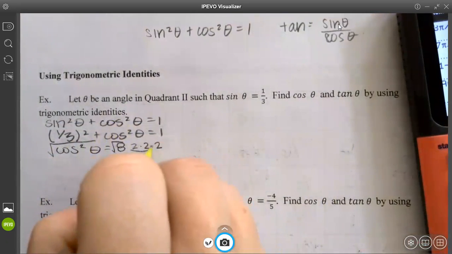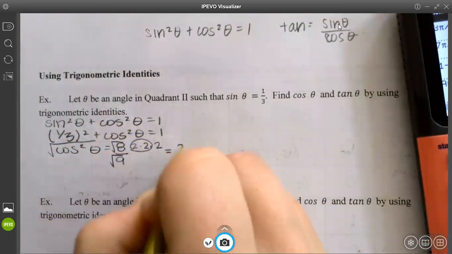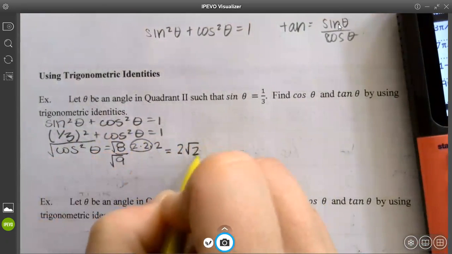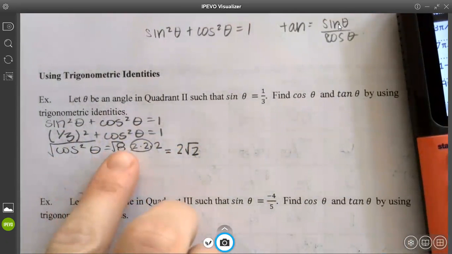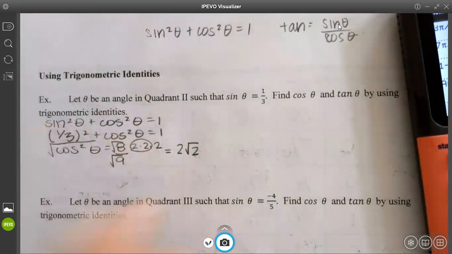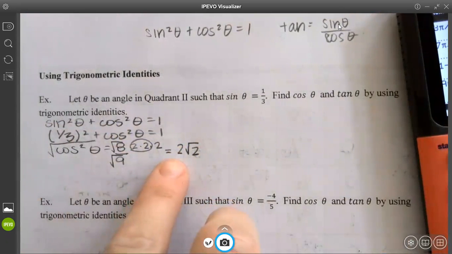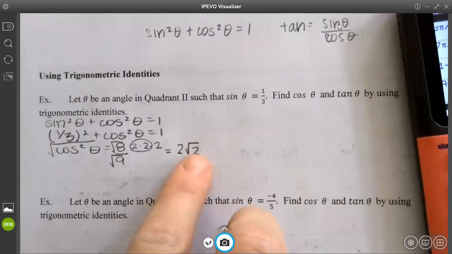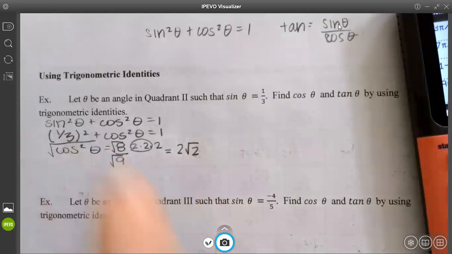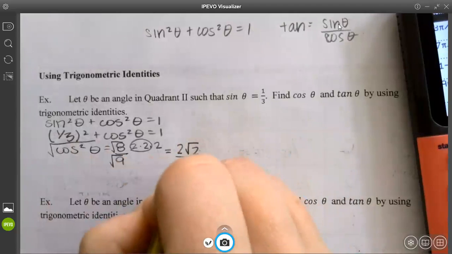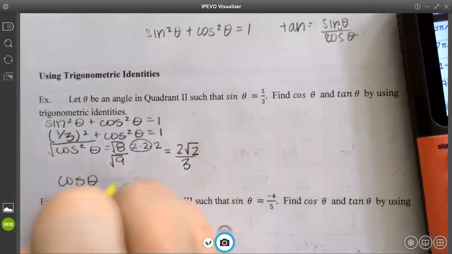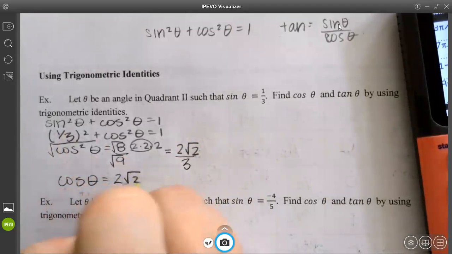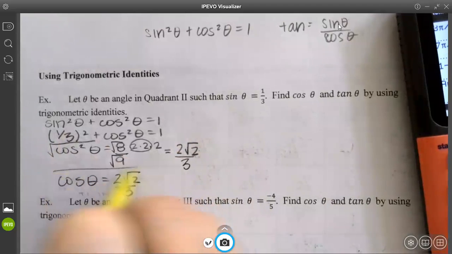I have a pair of 2's that will come out, and I left a 2. So one more time, I break it down, prime factorize. Anything that you have pairs of, you circle, and that comes to the outside. I had a pair of 2's, and then I did not circle a 2, so it stays on the inside. What's the square root of 9? 3. So cosine theta equals 2 square root of 2 over 3. There's your first one.